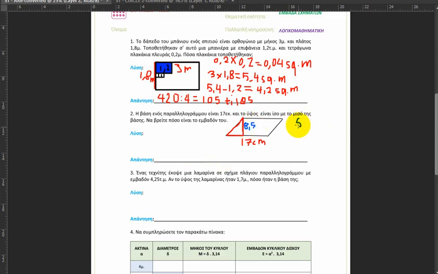So let's do 8.5 times 17. 7 by 5 makes 35. Right, 5 carry 3. 7 by 8 makes 56, plus 3 that I carried over makes 59. There's 0 here. Then 85 here.